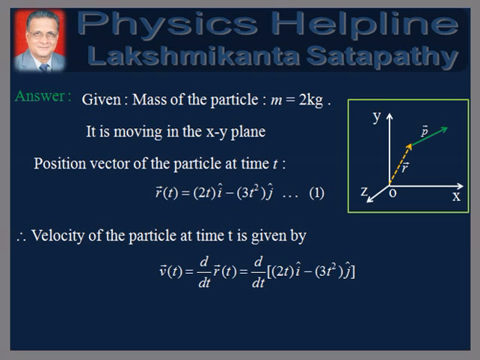From the position vector, we can find the velocity by using the relation v(t) = d by dt of r(t), which is equal to d by dt of 2t i cap minus 3t square j cap.